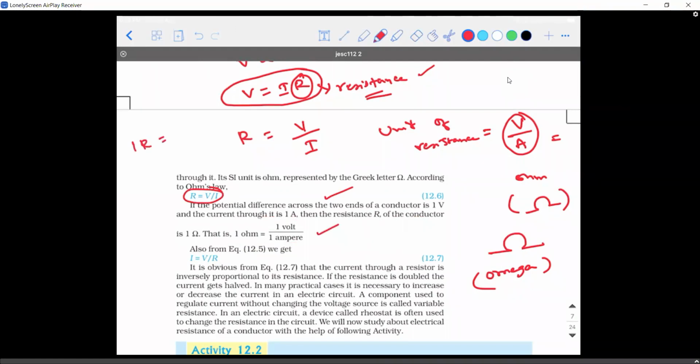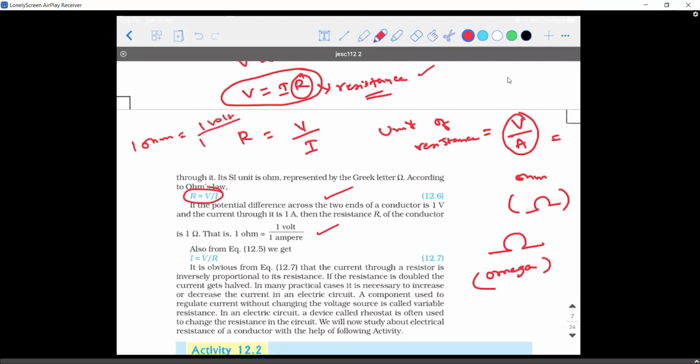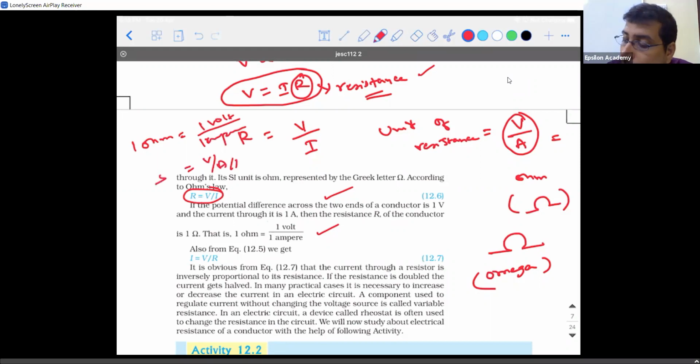So 1 ohm is equal to 1 volt by 1 ampere. Volt per ampere is what we call ohm, and the symbol that is used is omega. I told you in the previous classes.